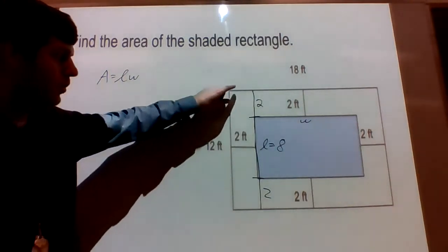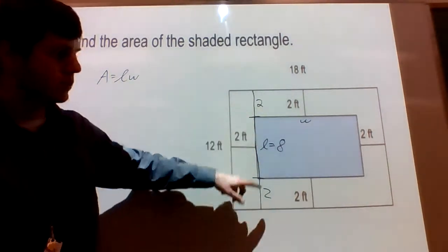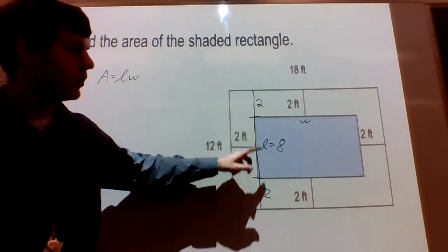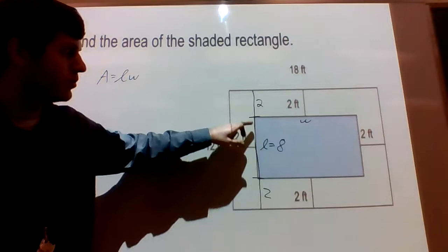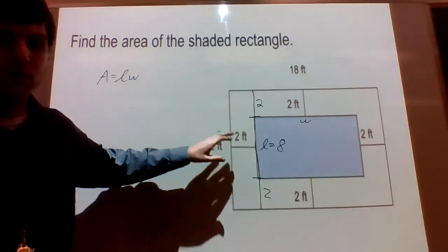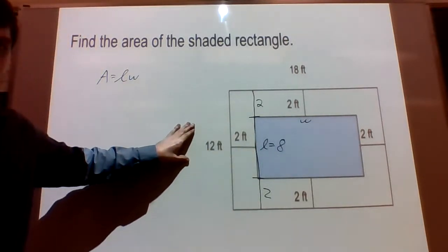Because if the whole thing's 12 and each of these two pieces is 2, then we need to do 12 minus 2 minus 2, which is 12 minus 4, which is 8. So 2 plus 8 plus 2 gives us 12.